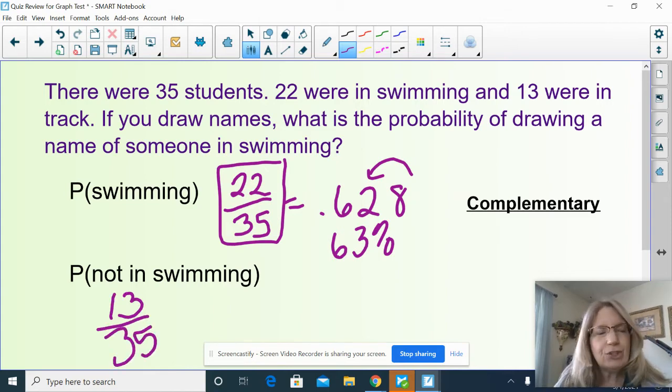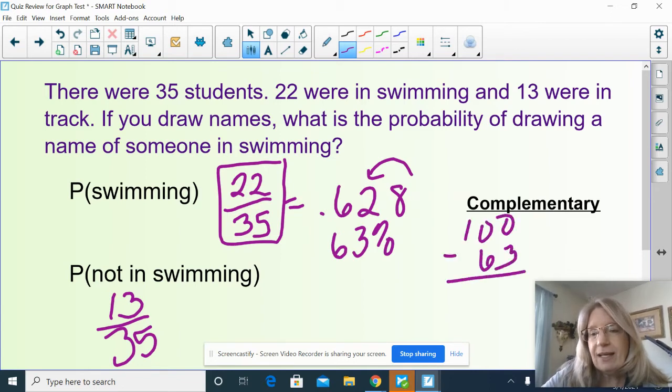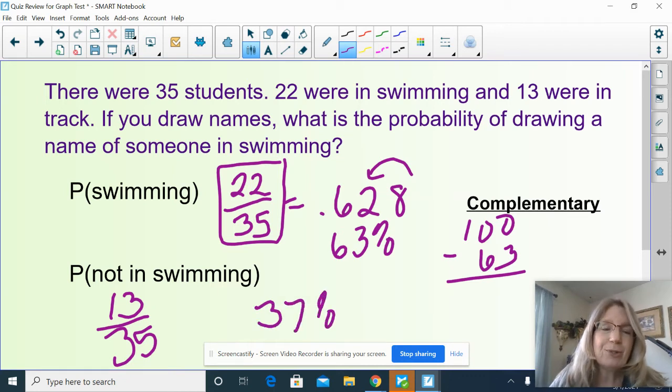And then if you were changing it to a percent, I would truly just do 100 take away 63 is 37. Complementary means together, the two should equal 100%. So that would be 37%.